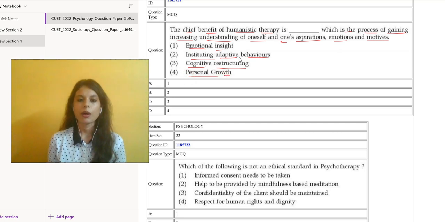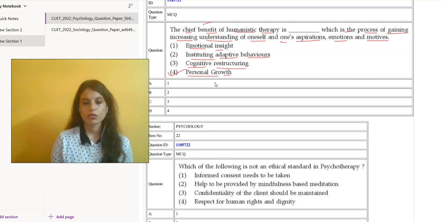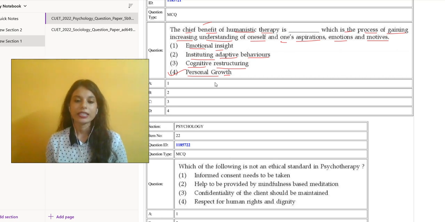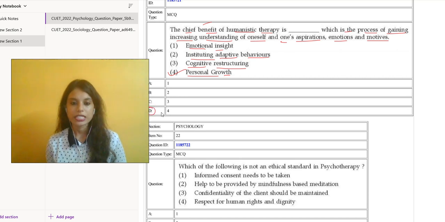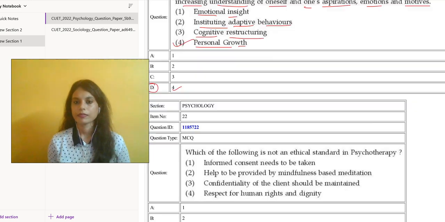Our correct answer would be personal growth, which involves gaining more and more understanding of your own self, your aspirations, emotions, and motives. So we are going with option D as the correct one. Moving over to the next question.